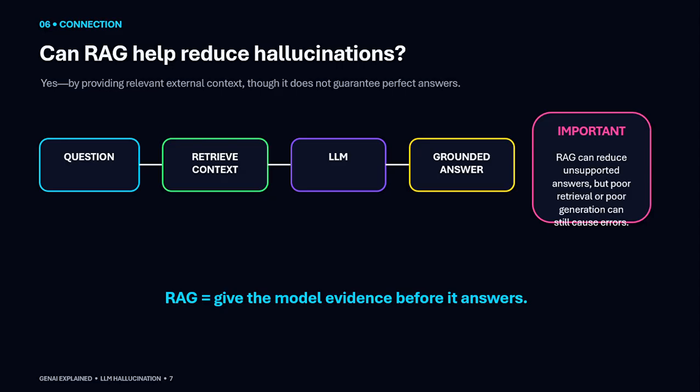So the flow becomes: question, retrieve relevant context, LLM answer. So this can help reduce unsupported answers. But always remember one thing, RAG does not guarantee that the answer will always be correct. If retrieval is wrong or the LLM misunderstands the retrieved information, errors can still happen.